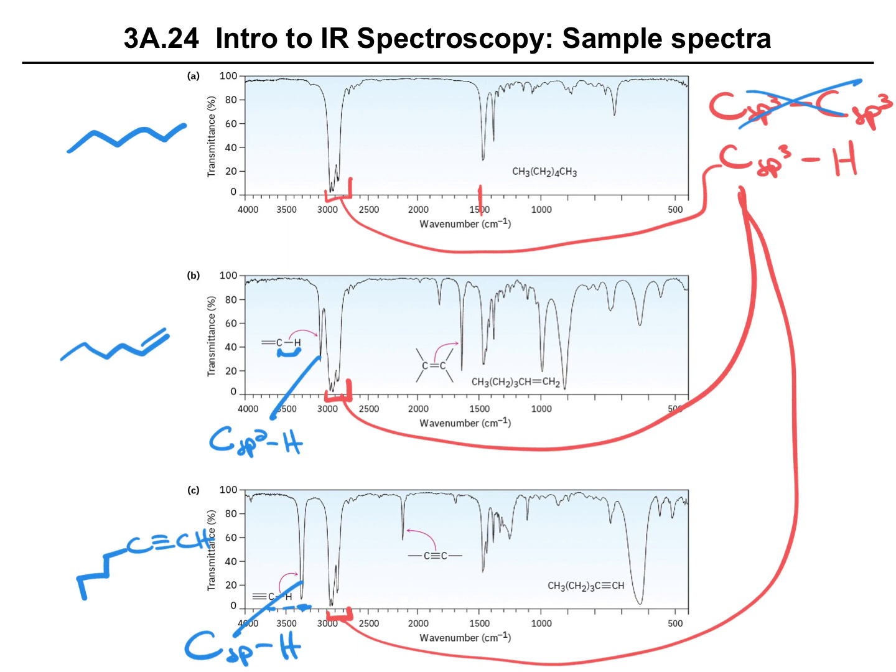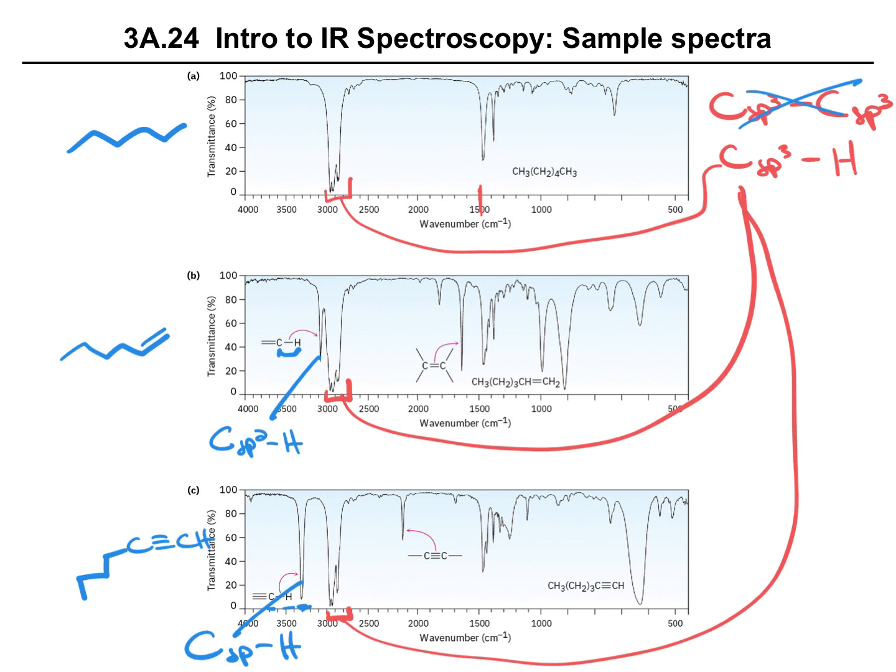Notice in some cases we are pointing to a single peak, and in some cases we're going to look at a group of peaks. And that's common when we're talking about carbon-hydrogen, because in organic molecules we're going to have a lot of carbon-hydrogen bonds. So in general, you don't have to worry about trying to identify these different ones, but just be able to group together the ones that correspond to a particular type of bond.